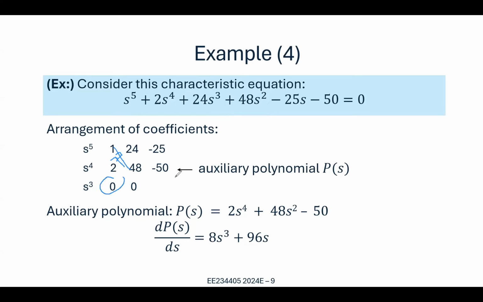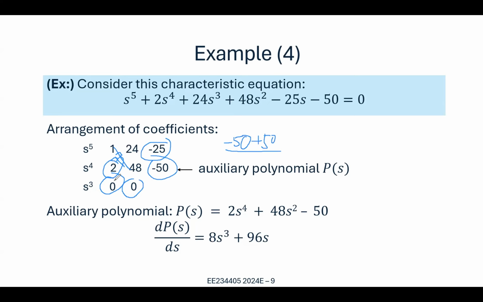Then the second column also, it would be 2 times minus 25, which is minus 50, reduced by also minus 50. So we have minus 50 plus 50, which is 0. So the entire row here will be 0, and we cannot progress any further.